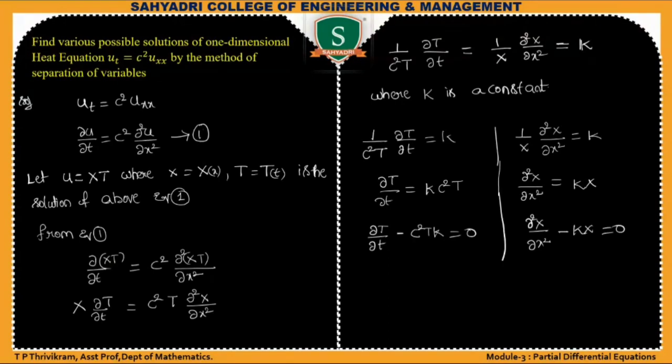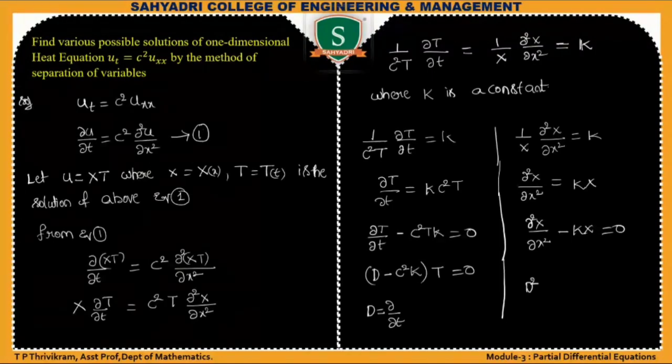Now I will denote this with D. So (D minus c^2 k) T is equal to 0, where D is nothing but ∂/∂t, the derivative with respect to t. Similarly, I'll write this as (D^2 minus k) X is equal to 0.